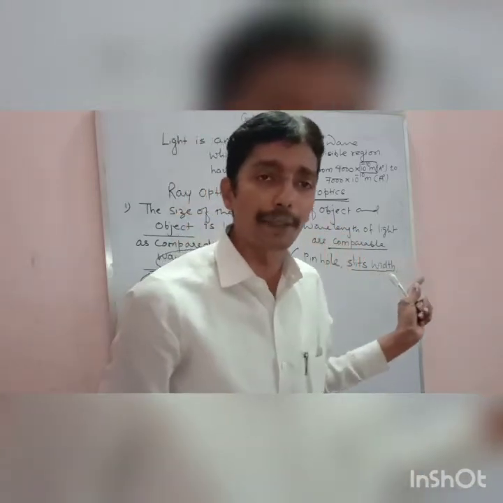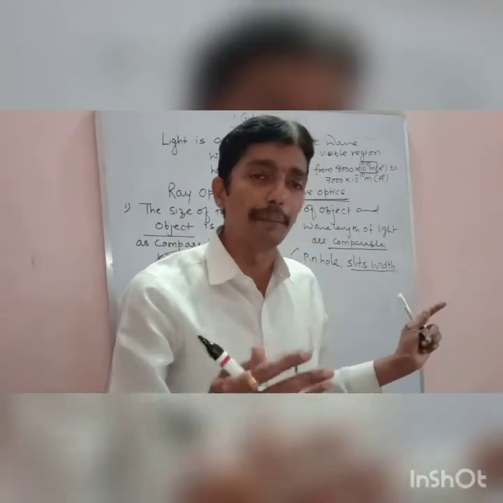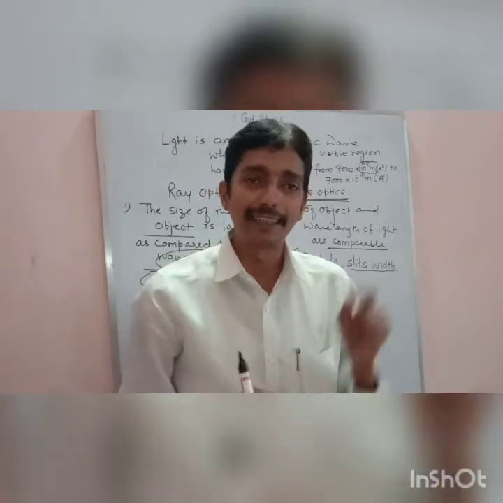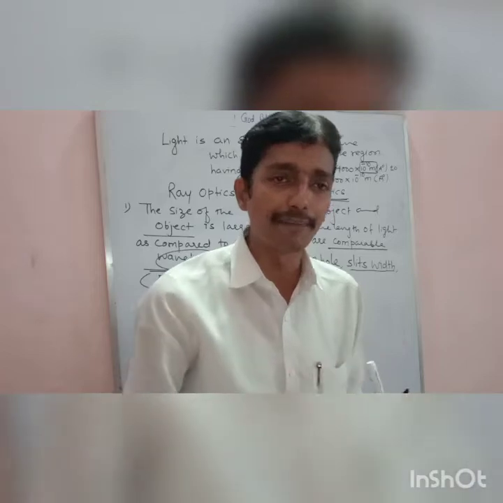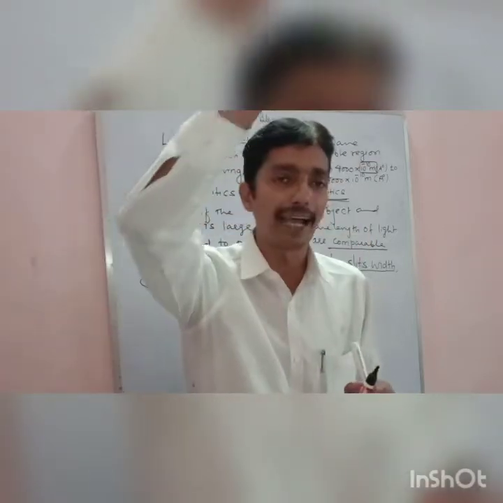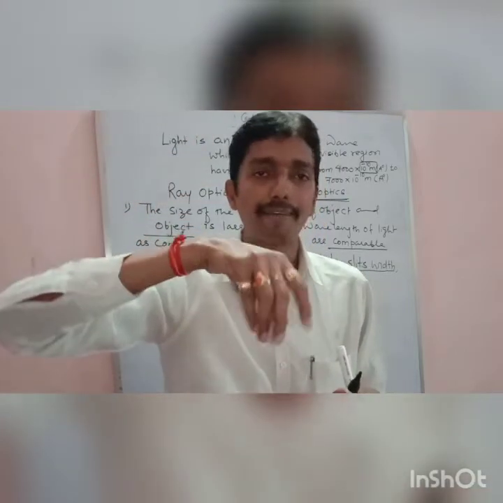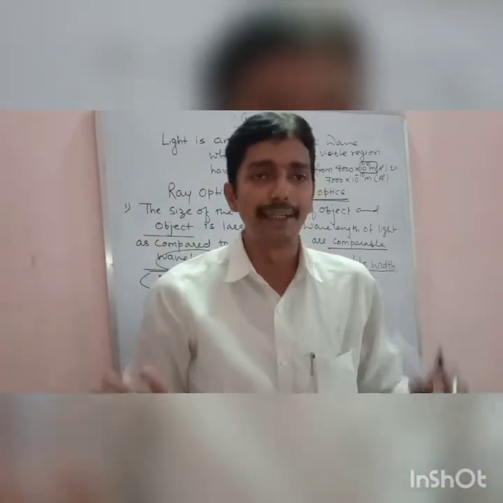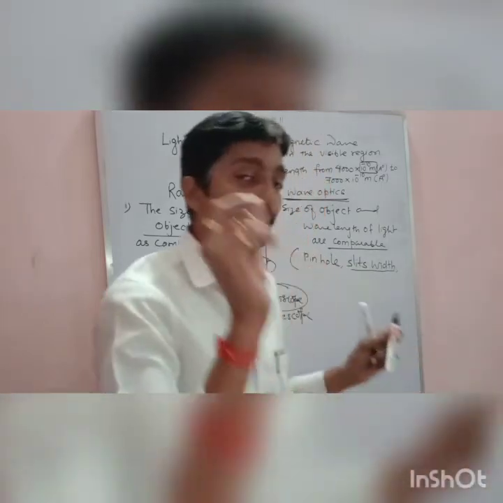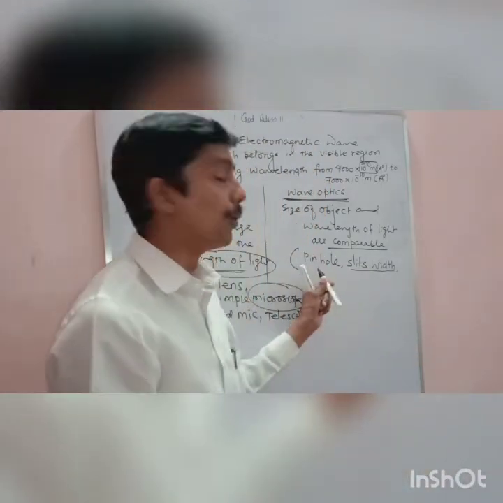There in wave optics, I am not going to use concave mirror or convex mirror. Please try to understand. In the chapter of wave optics, nowhere are we writing that I have used concave mirror, convex mirror, convex lens, or concave lens. No, sorry my dear. There the objects are like pinholes.